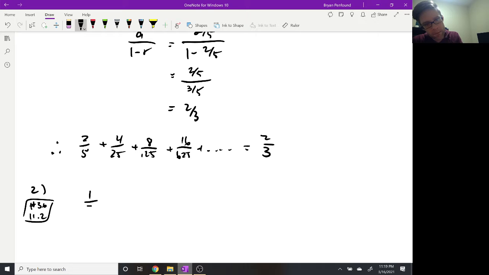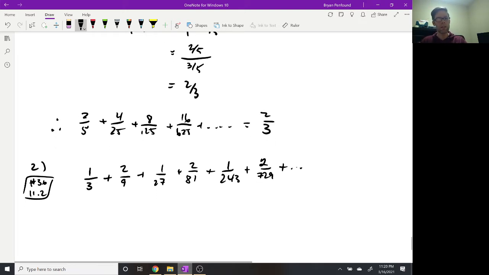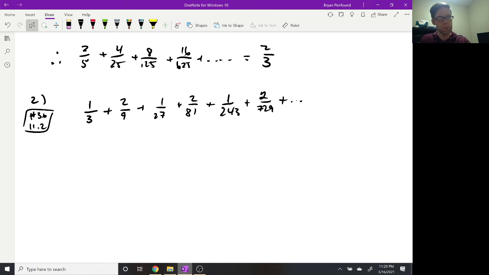Again, it's a sum that's going to be defined by just adding a bunch of fractions together. Here's the sum we want to work with in number 2.